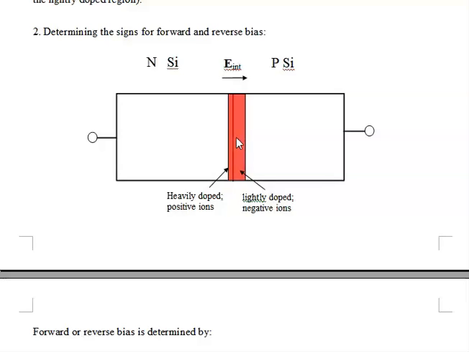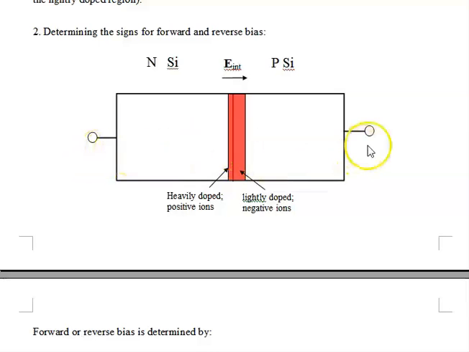We can think of this one more way. For forward bias, if we put a positive voltage here, we are pushing holes into the depletion region, which cover up some of the negative ions, so it makes this smaller.